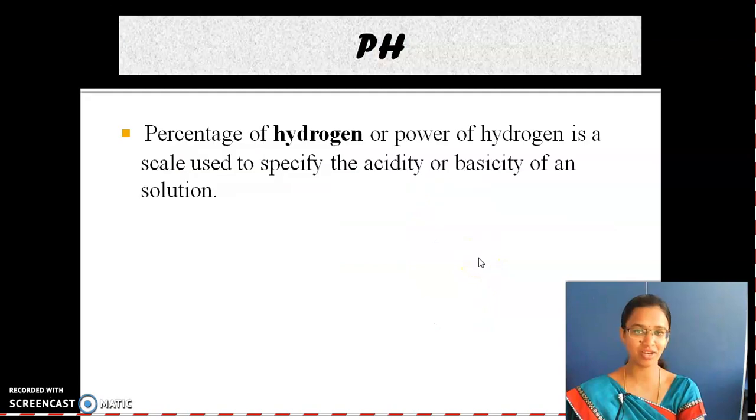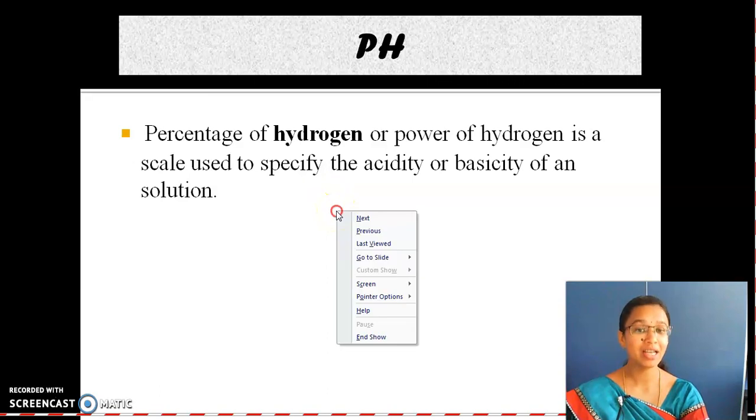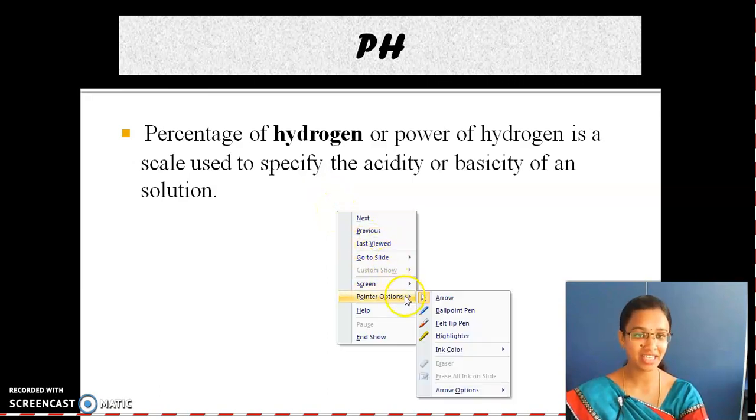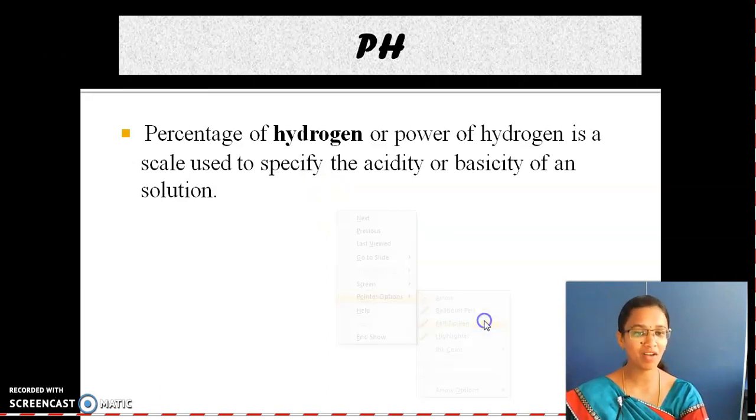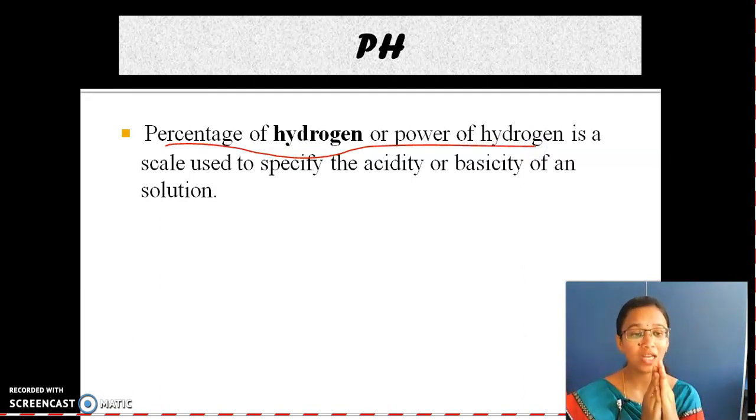Shall we go to the next one? The next topic is pH. pH is nothing but percentage of hydrogen or power of hydrogen. All the content has hydrogen in it.